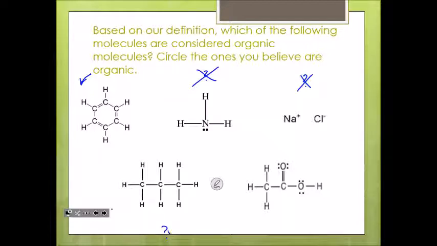Yes, this is a check. If we look at that one, 3 carbons with all those hydrogens, this is actually called propane. Propane is what you would find in the little tank underneath your gas grill. It's used for cooking on the grill. How about this one over here? Last one to the right.